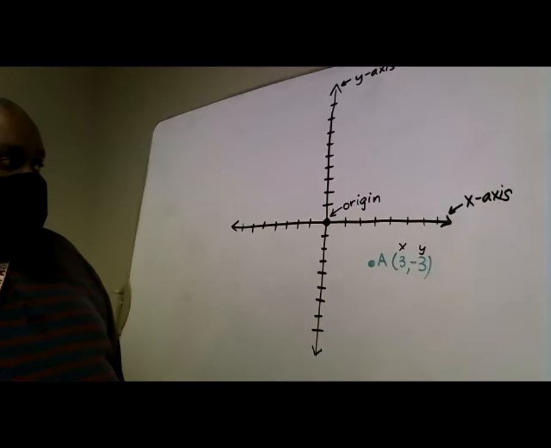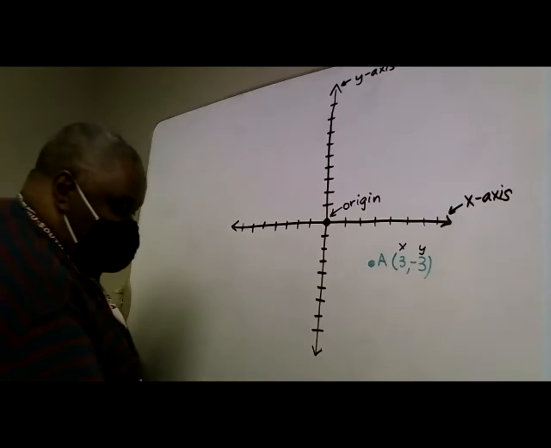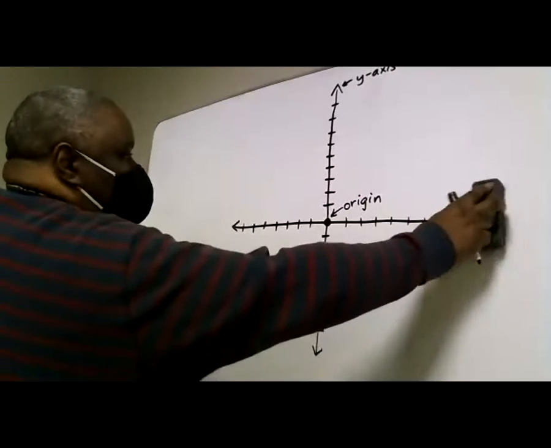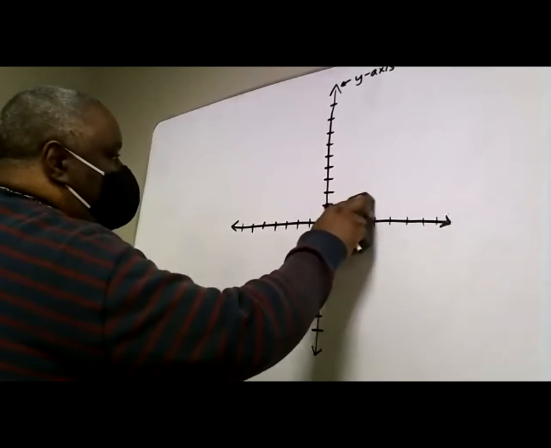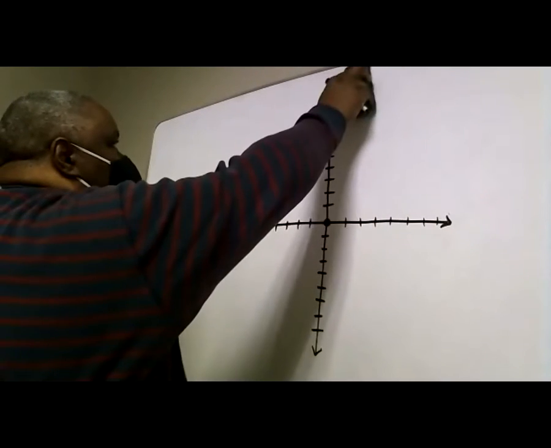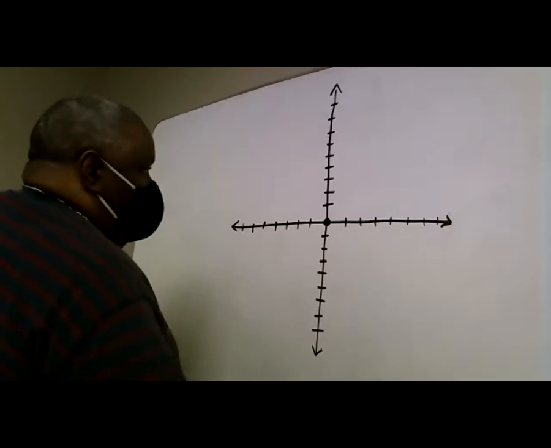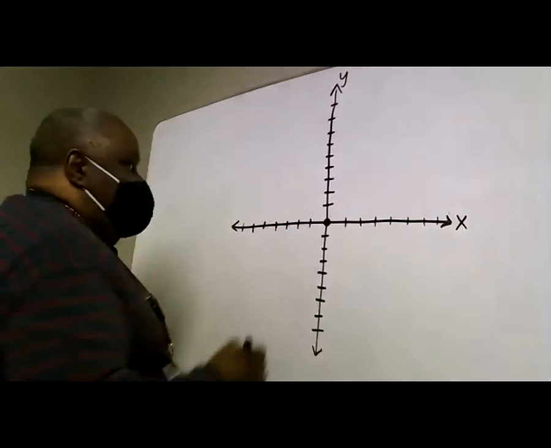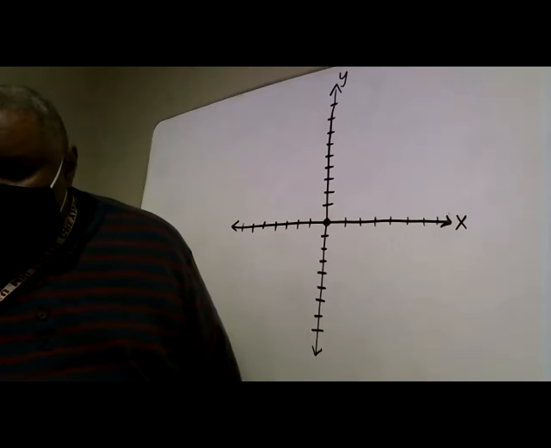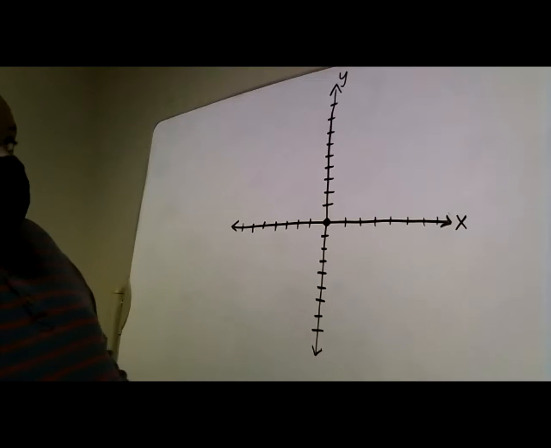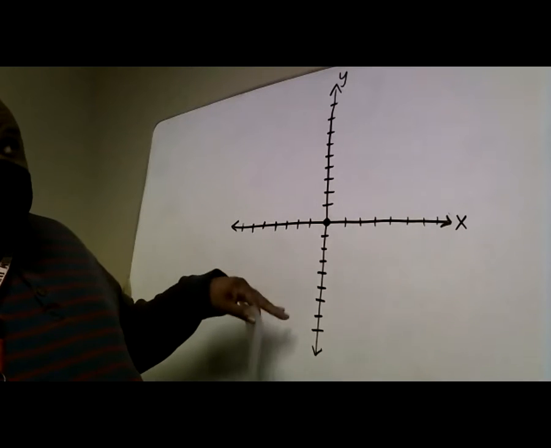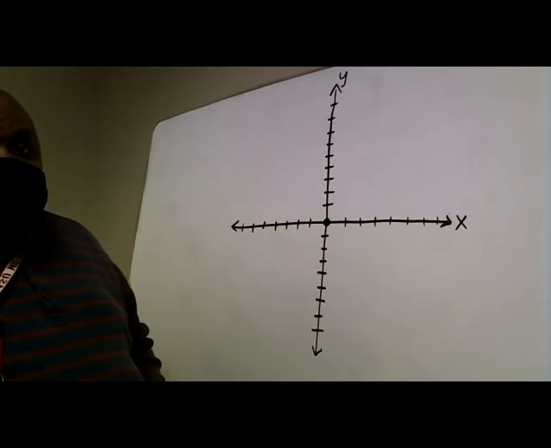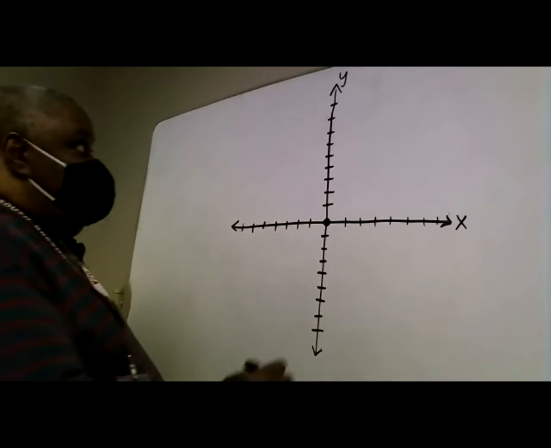So let's say it had some points like this. Usually they label the x-axis as x and the y-axis as y. And also the x and the y-axis separate the plane into what they call quadrants.